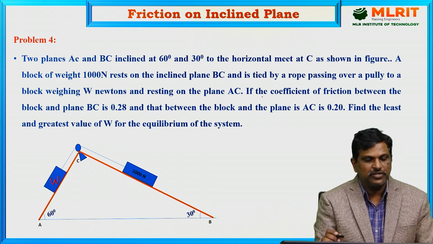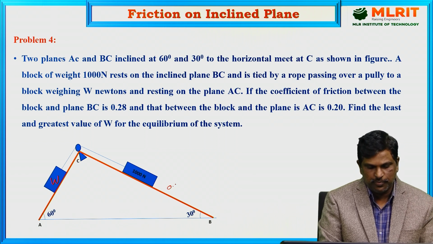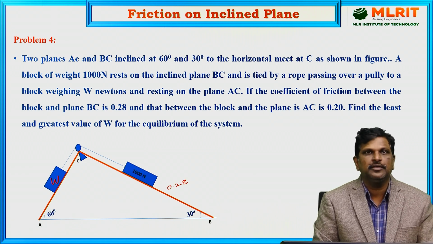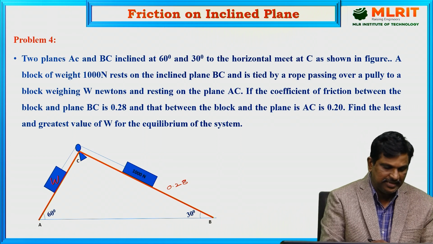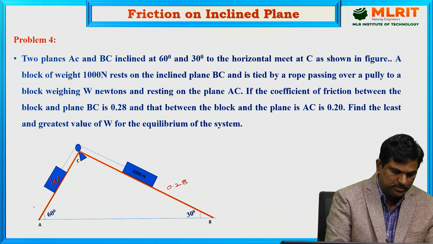The coefficient of friction between plane BC and the 1000 Newton block is 0.25, and the coefficient of friction between AC and the W Newton block is 0.20.